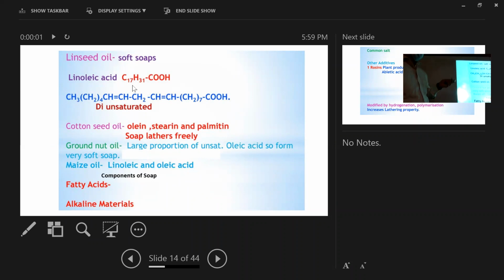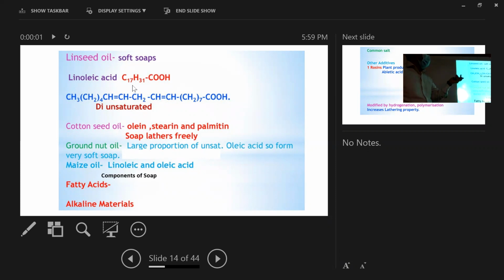Okay, linseed oil. If you want to prepare some soap that is a little bit softer compared to others. Some of them are very hard, and some of them can be quite soft. So if you want to make soft soap, in that case you can use linseed oil, linoleic acid, these types, and di-unsaturated. That means you have two double bonds. Why is it jumping?